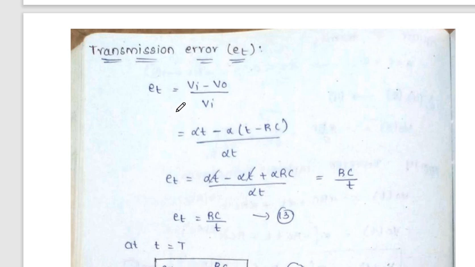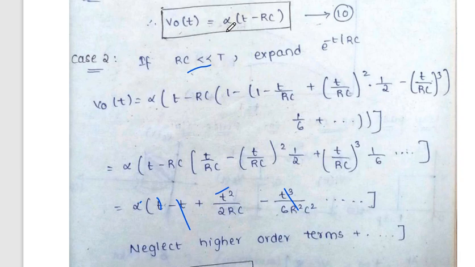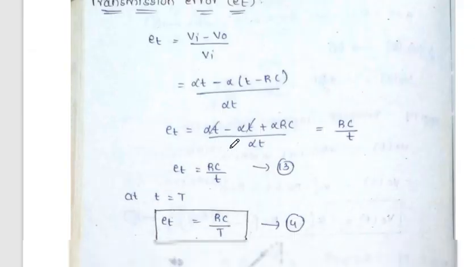That transmission error is defined as Vi minus V naught by Vi. Therefore, that is equal to, we know the value of Vi, alpha t minus alpha into t minus RC, because we know the value of V naught here, by alpha t. Therefore, alpha t cancel, alpha RC by alpha t, alpha cancel, therefore RC by t.